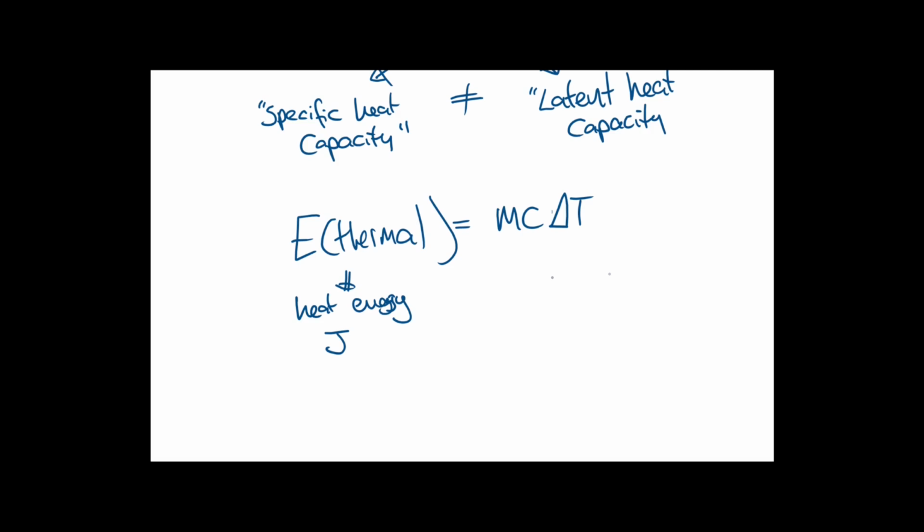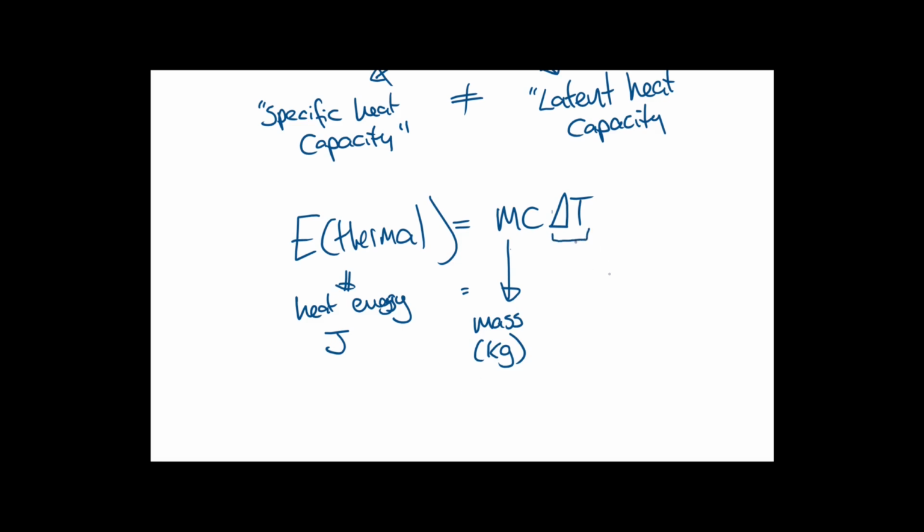If it's not in joules, you need to convert it to joules, or kilojoules, which is 1,000 joules. That's going to be equal to the mass of the object that we're trying to heat, so that has to be in kilograms.